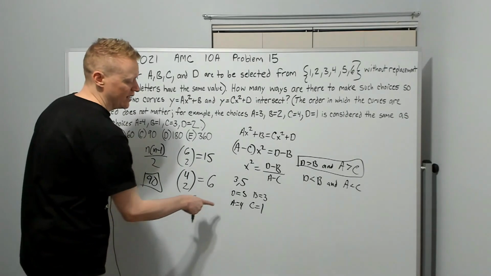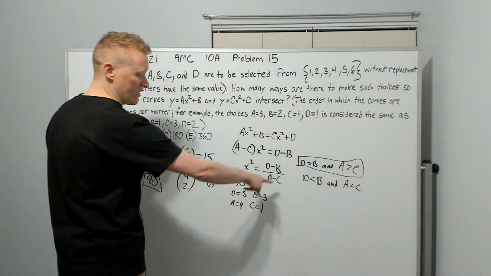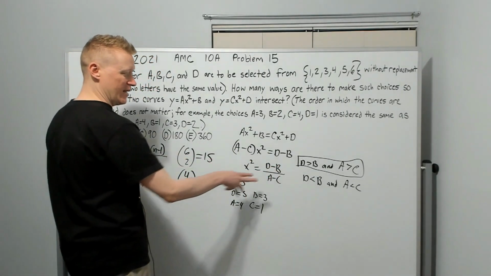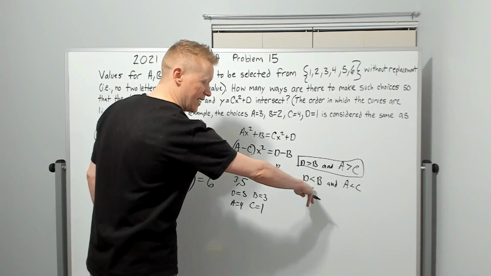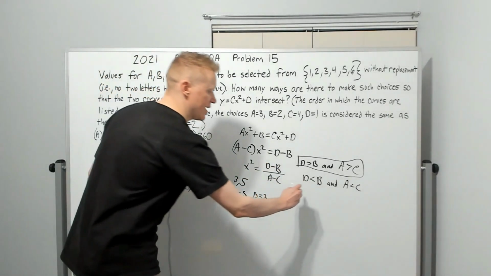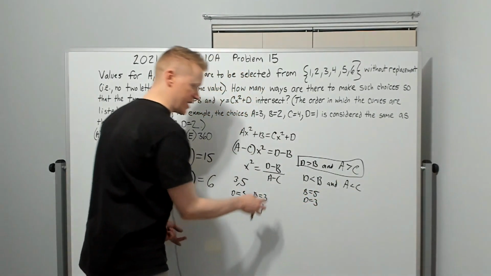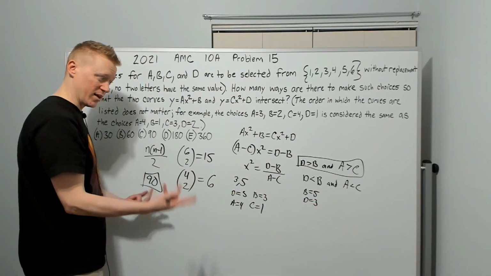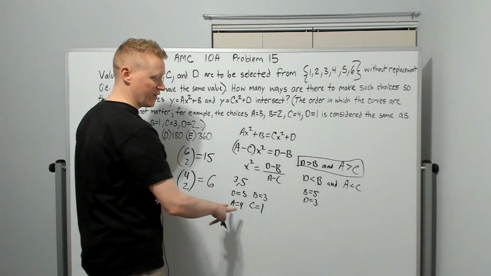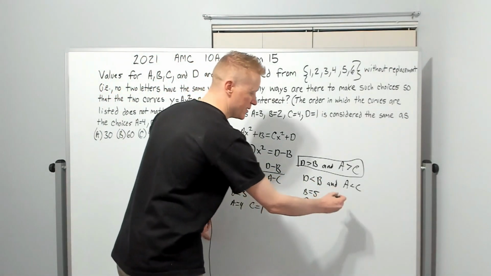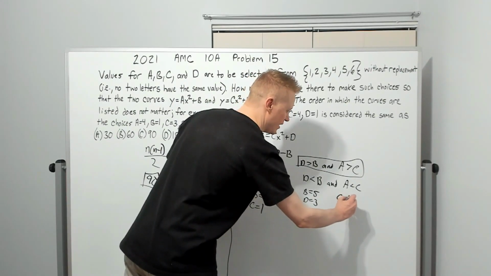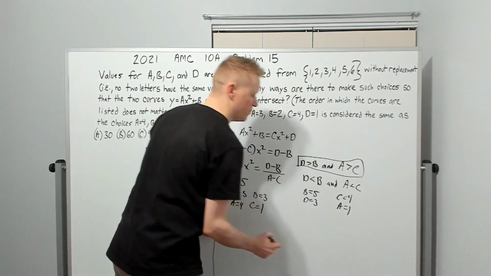So if I switch it to the other case, D less than B, and I choose the numbers, now B is 5 and D is 3. And if I chose 4 and 1 for A and C, but C is greater, now C would be 4 and A would be 1.